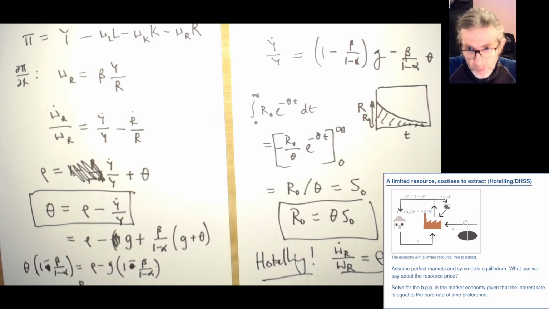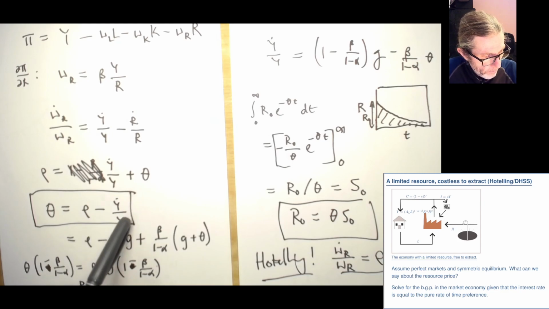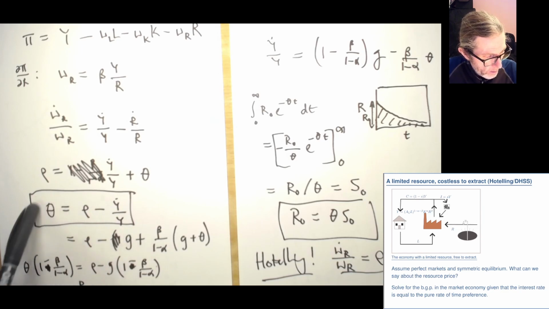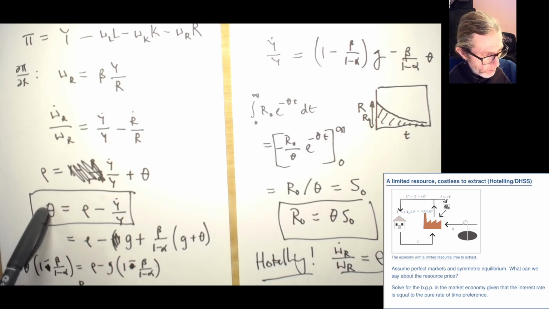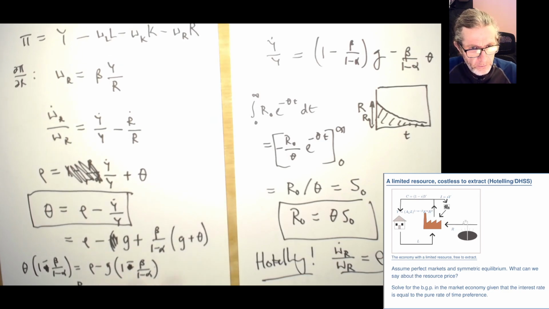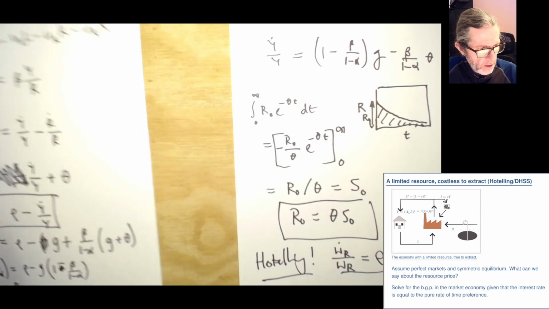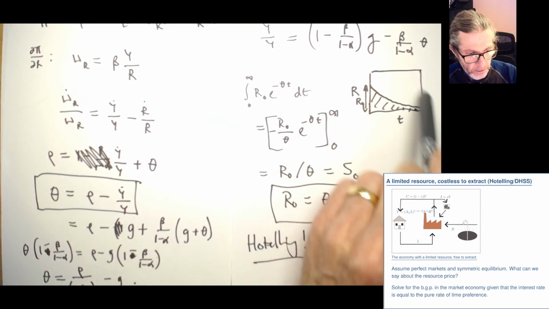If we observe the growth rate of GDP, Y dot over Y, and the interest rate, rho, then the decline in resource use will be equal to rho minus Y dot over Y. So we're back with the result that we said doesn't really fit the data.